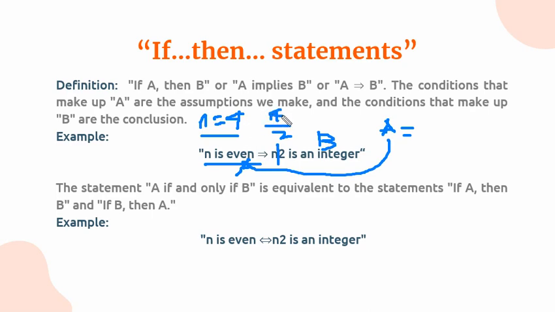So 4 divided by 2 is 2, so we can say that B is true. We assume that its value is 4, so we can conclude that this is B. Okay?